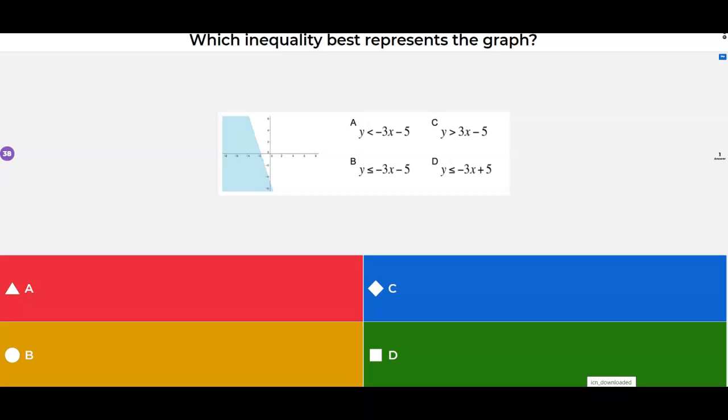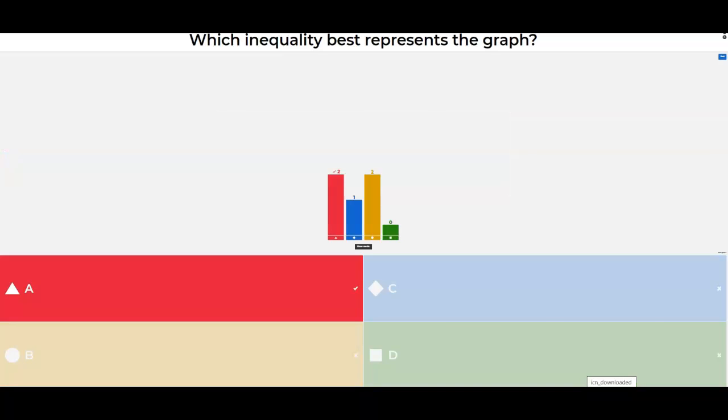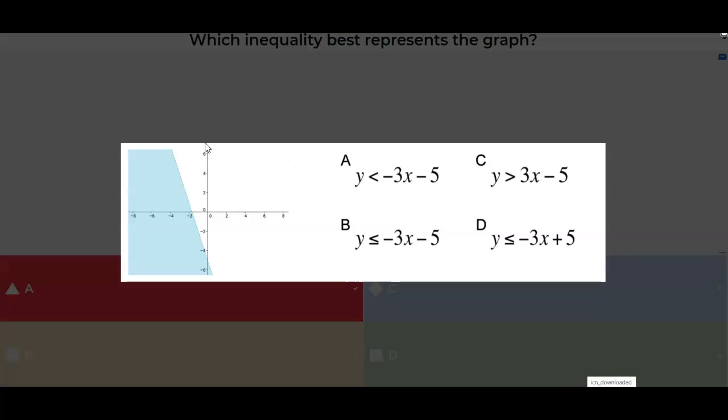The line's going down, so that eliminates a second choice. Okay, so correct answer was A, because again, line's going down, so it had to be A, B, or D.